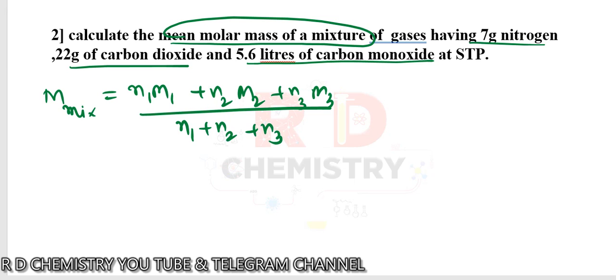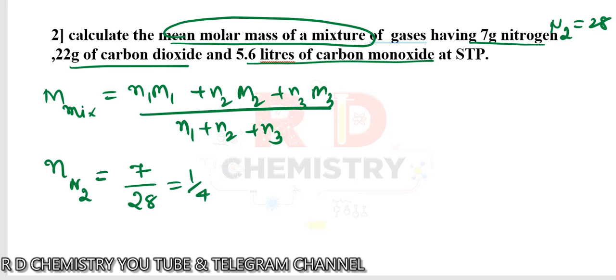So we'll calculate individually. Number of moles of nitrogen is equal to the given mass 7 divided by the molar mass, 28. Nitrogen atomic number is 14, so 28, correct. So this is equal to 1 by 4.